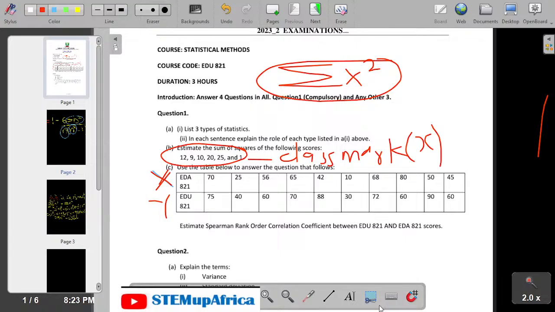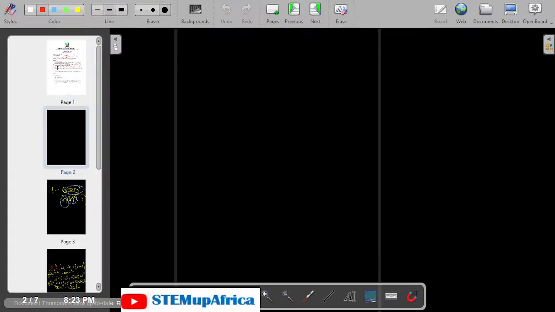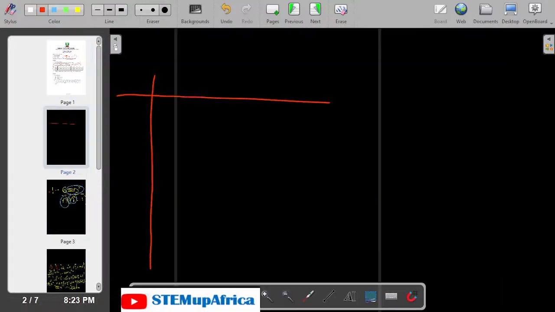Okay, so sorry, let's draw the table for x. So you are going to draw a vertical column like this. So we have x, we represent EDA H21.